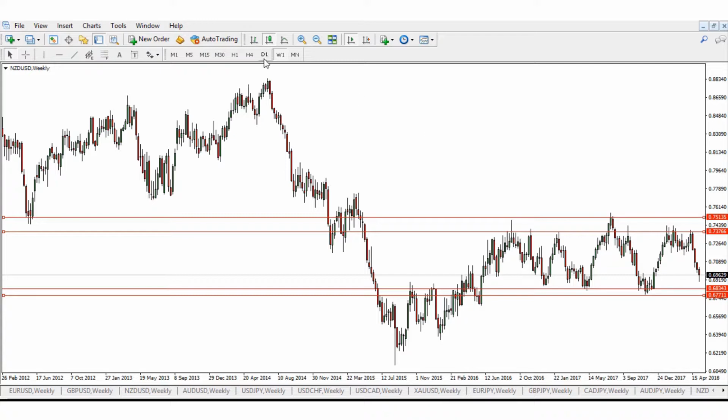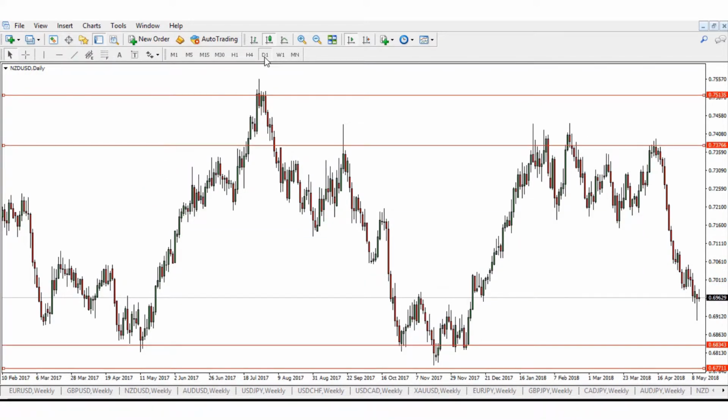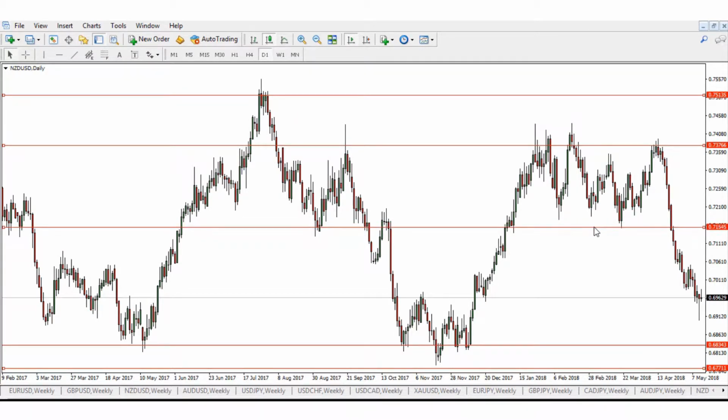Then go back to the daily time frame and get the levels that you missed on the weekly. So this right here is a critical support level on the daily. Let's place it well.